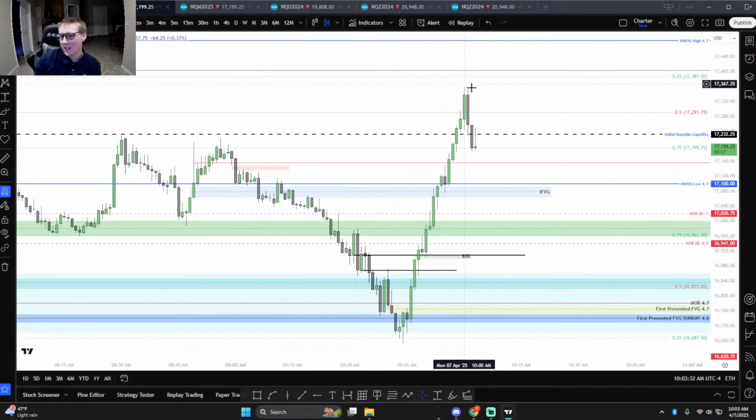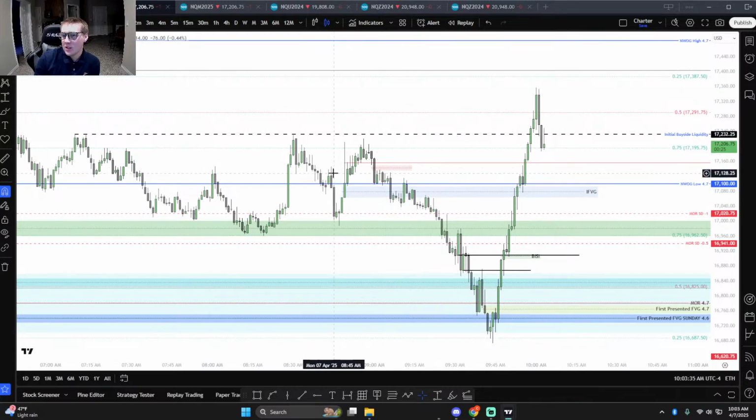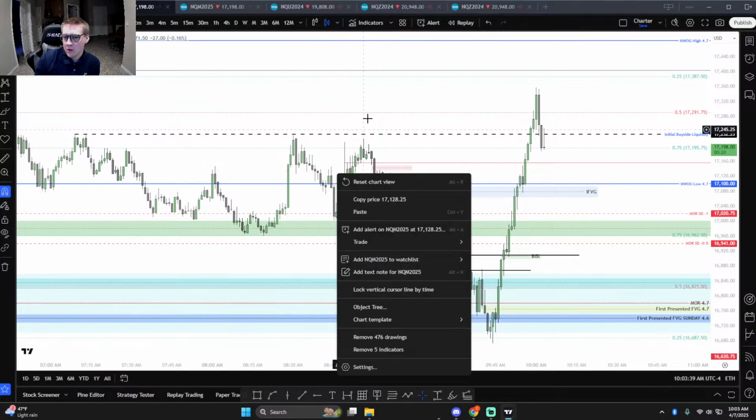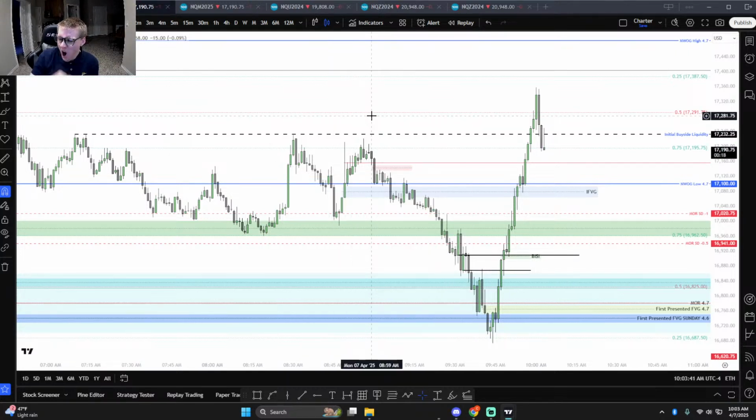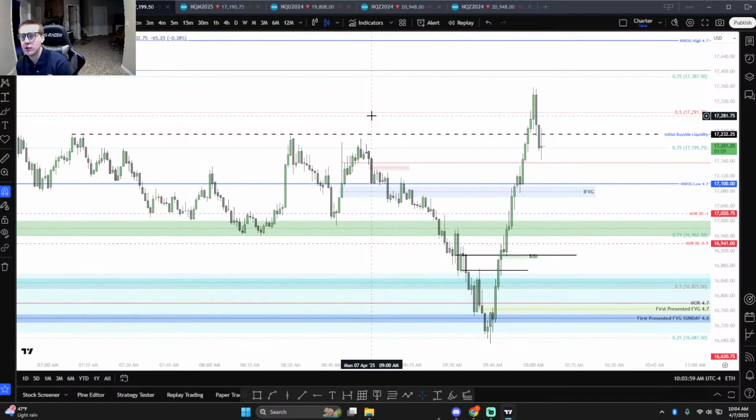That's insane. For one micro, that's like $800. Which, as a trader, I don't really want to be looking at the possibility of me making money, but the possibility of me losing money.